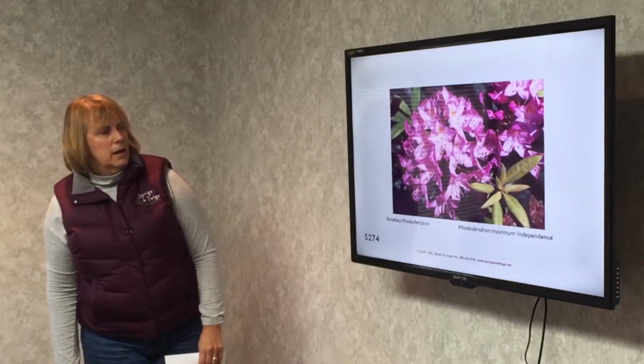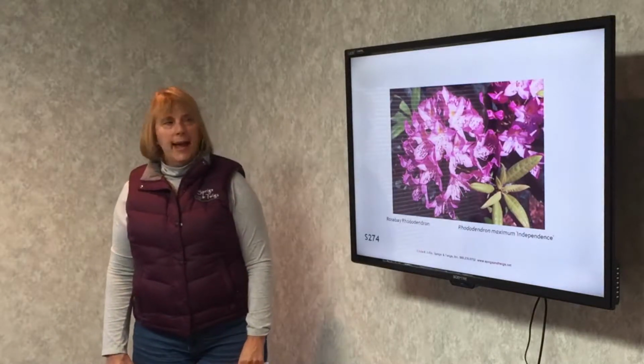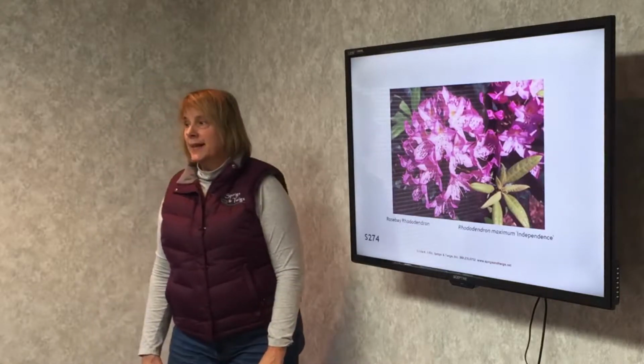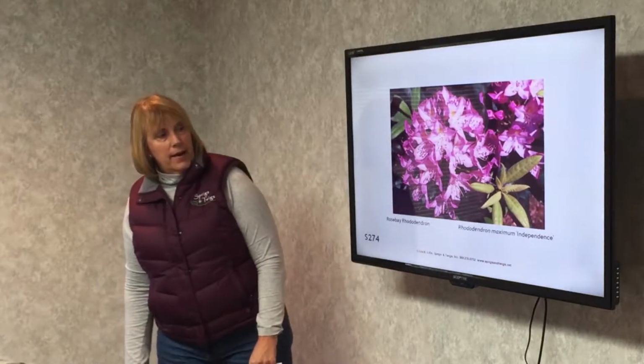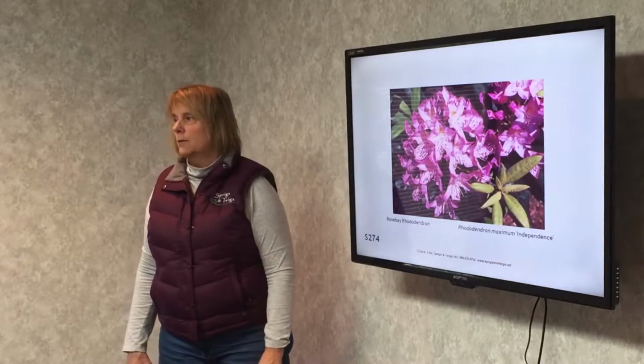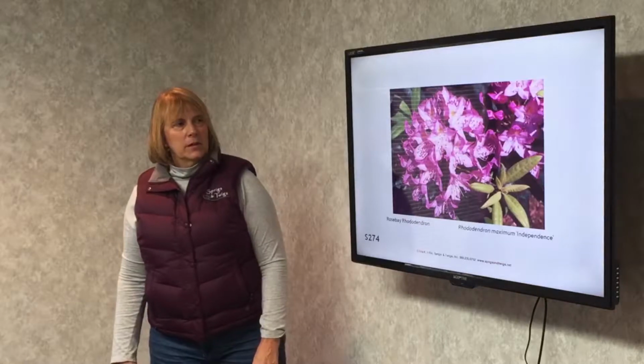Rose Bay rhododendron. This is a cool rhododendron because this one blooms in the middle of the summer, and this one needs moist to wet feet, and this one will get about 12 to 15 feet tall and 12 to 15 feet wide, and it's very scraggly looking.